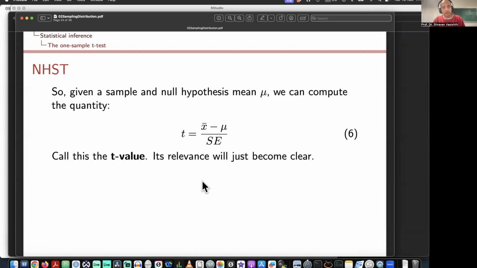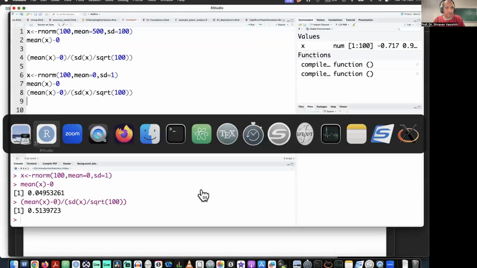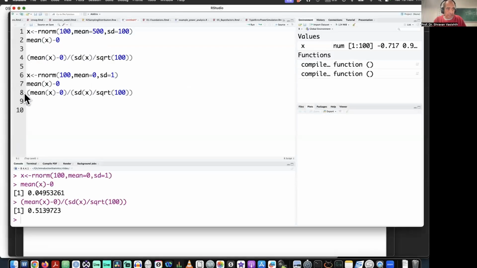Okay, so this allows us to compare any distribution with any distribution, right? If you want to talk about distance in different distributions, like the two examples I showed you here, this standardized distance and this standardized distance are really on the same scale.